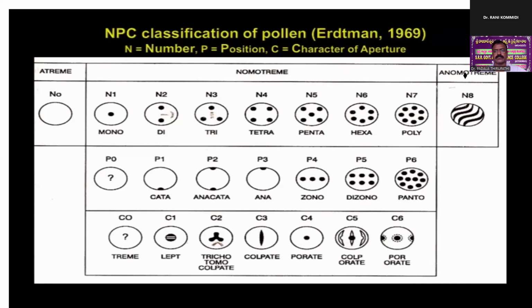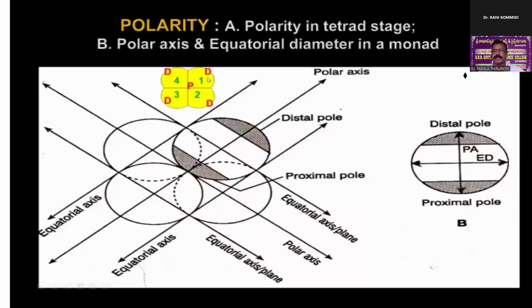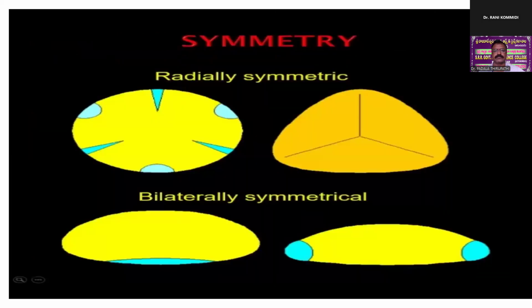The second digit denotes the position. These are the names we give, that means the NPC system. It is also important in pollen morphology. I hope you got all this information. In this regard, polarity and symmetry are very important.